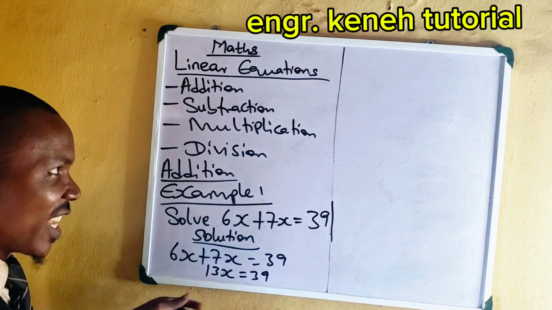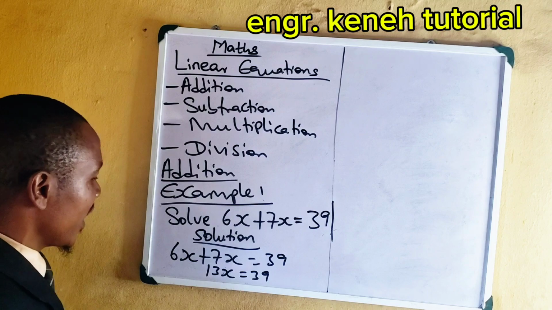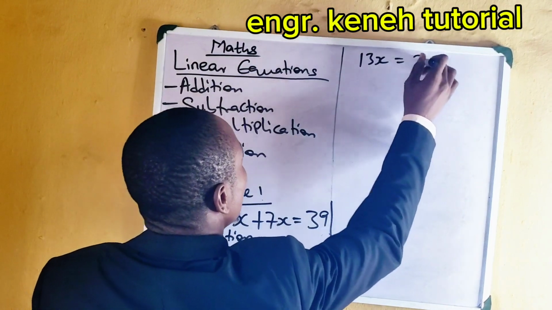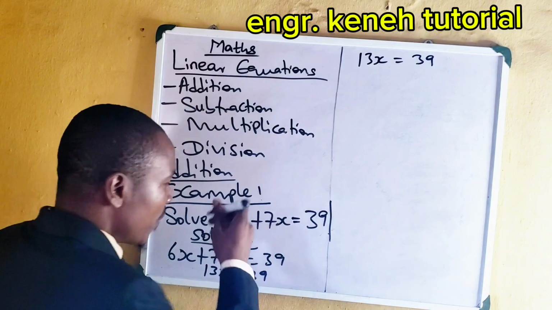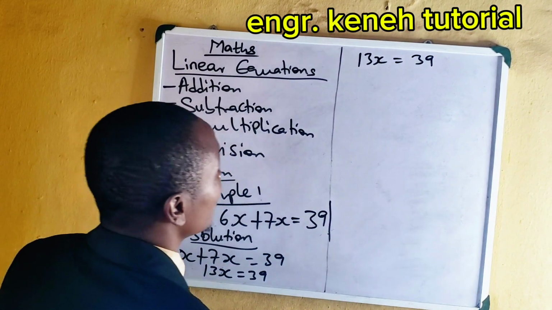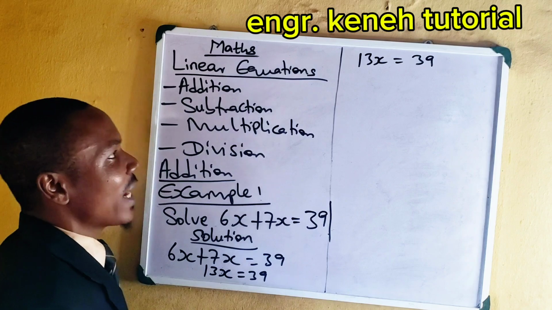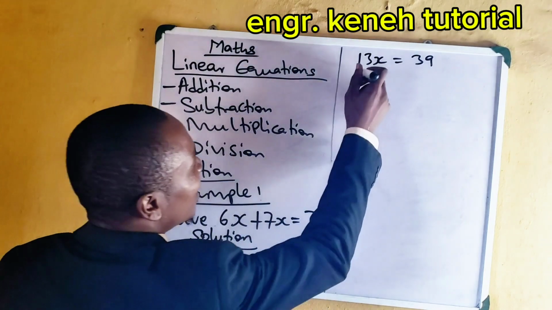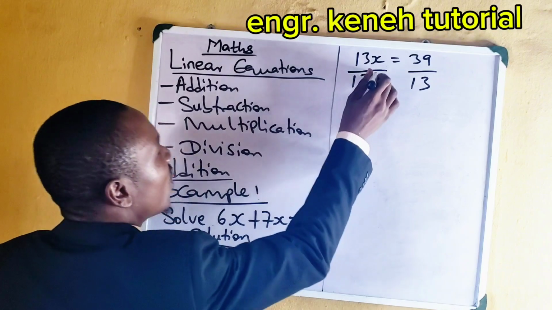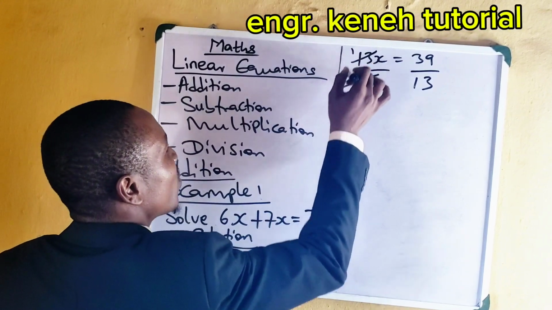I don't have much space here, so let me continue over here. I have that 13x equals 39. Solving this simply means find the value of x. So for me to find the value of x, I will divide both sides by the coefficient of x, which is 13. I have 13 here and I have 13 here. When this divides this, it will cancel.